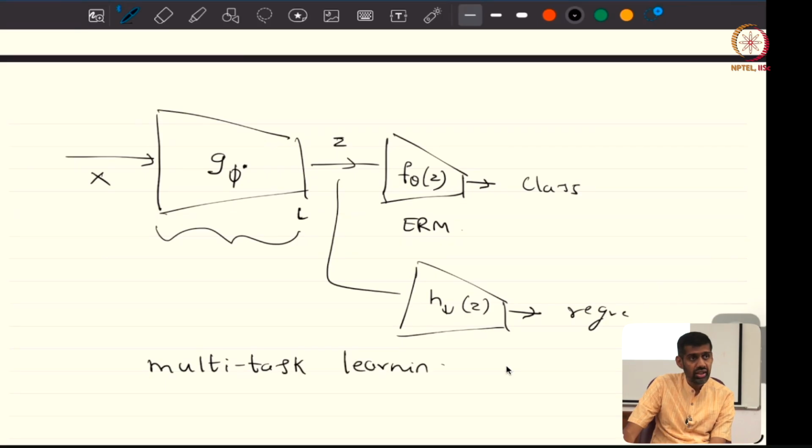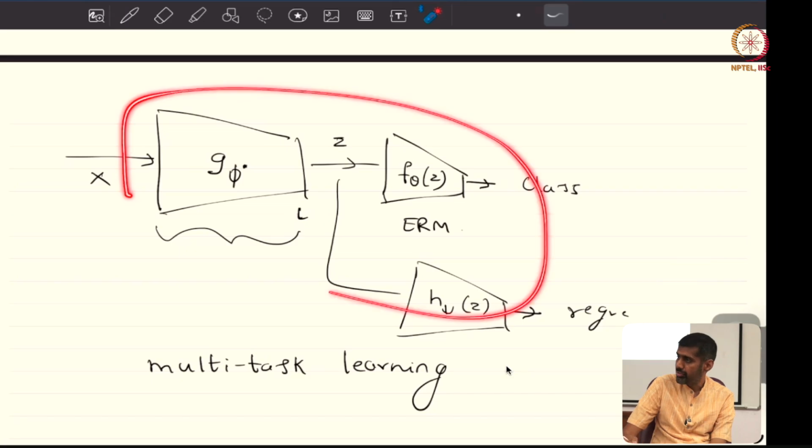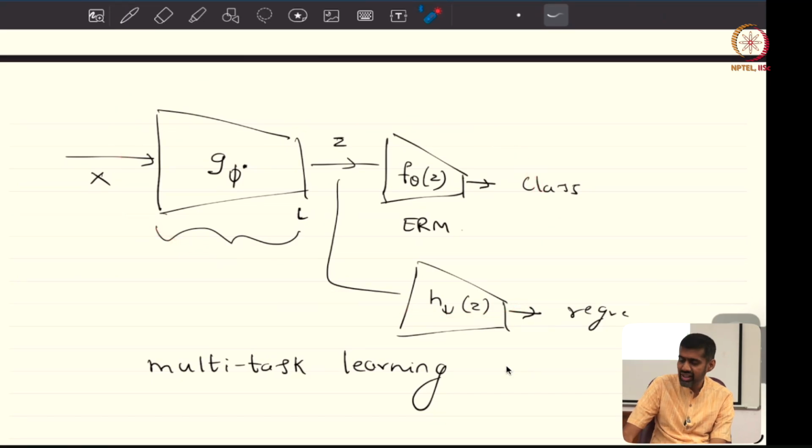In fact, you can do this from scratch as well, meaning you have a neural network. Basically there are two composite functions, but the initial compositions of these two functions are the same, up to a few layers. You are learning two composite functions together using gradient descent. That's the idea. What is the intuition behind it? Suppose you are solving two different tasks on the same data.